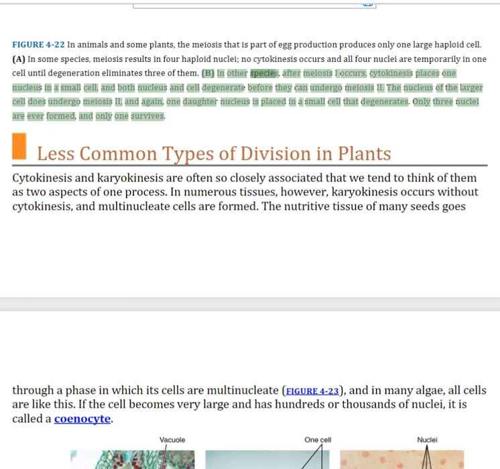In other species, after meiosis I occurs, cytokinesis places one nucleus in a small cell, and both nucleus and cell degenerate before they can undergo meiosis II. The nucleus of the larger cell does undergo meiosis II, and again, one daughter nucleus is placed in a small cell that degenerates. Only 3 nuclei are ever formed, and only one survives.